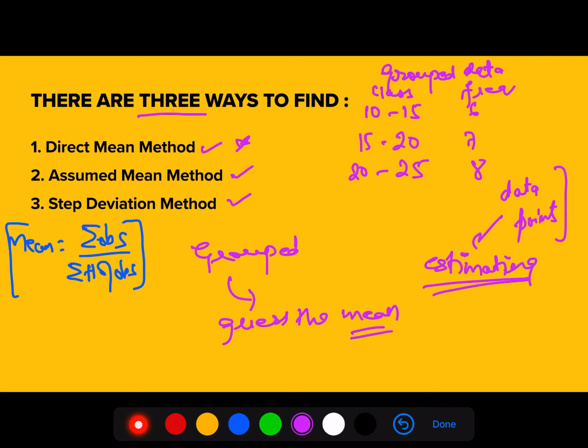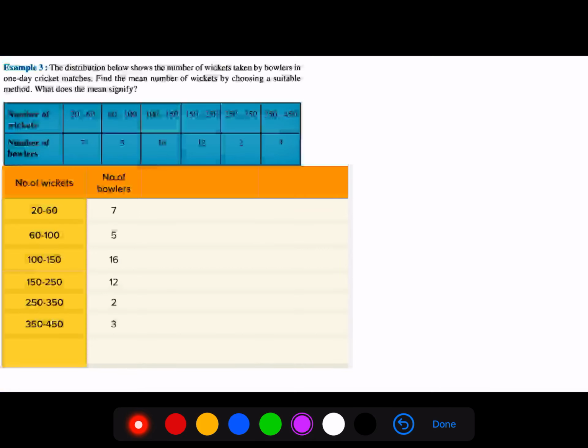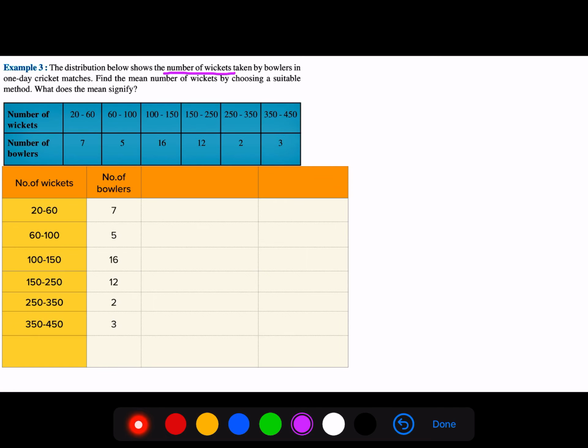So let us see how you can make that guess, and let us take an example to understand the first method. I've taken this example from NCERT, which shows the number of wickets taken by bowlers in a one-day cricket match, and you have to find the mean using a suitable method. First, we'll use the direct mean method.